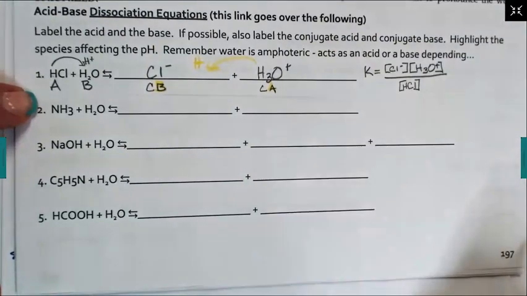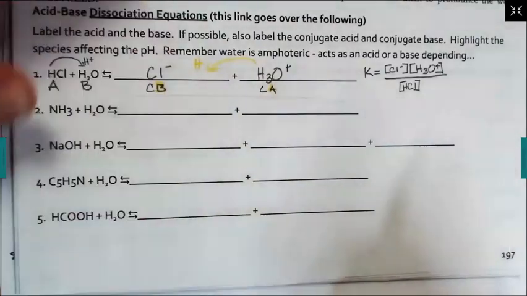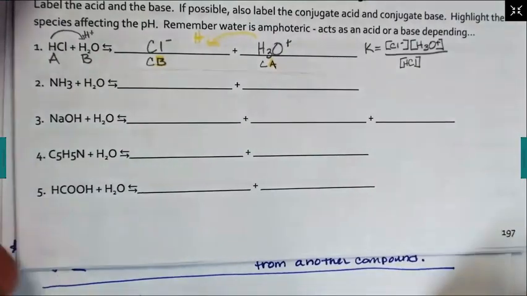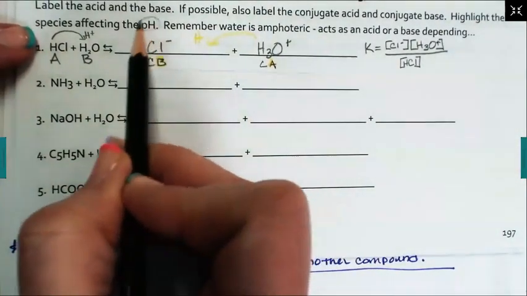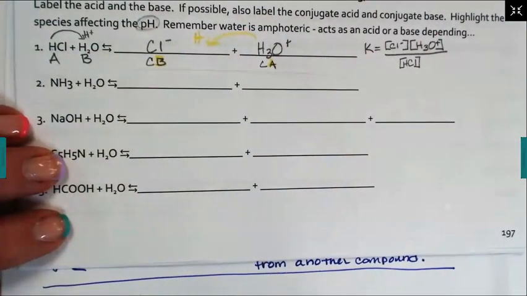Want to do another one? What does it mean, the species affecting? pH is a measure of the hydrogen. So what species is changing the amount of hydrogen in solution?